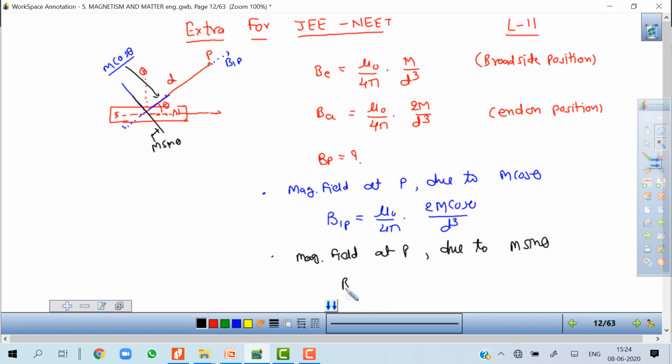So let us say it is B2P is equal to mu 0 upon 4 pi, m sin theta upon d cubed, because it is now the equatorial line for m sin theta. That is in this direction, along this direction. So this is B2P.